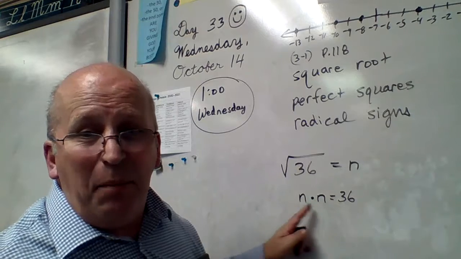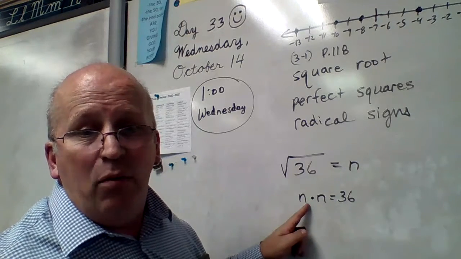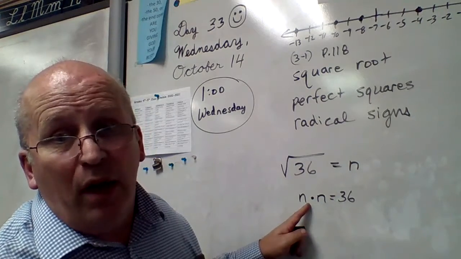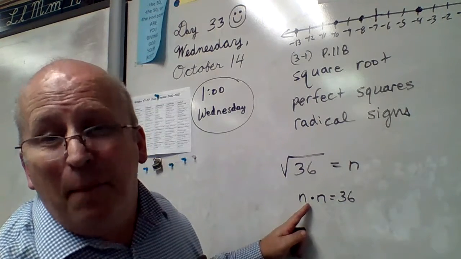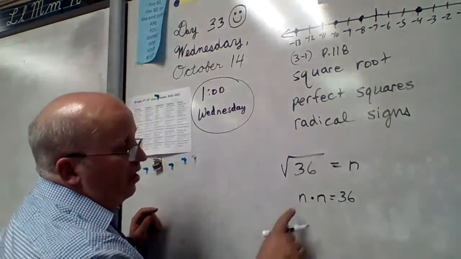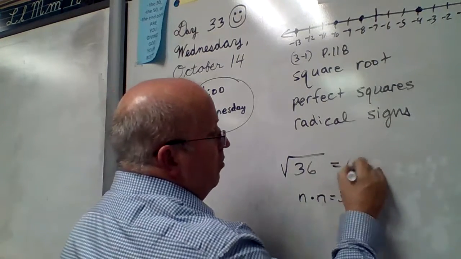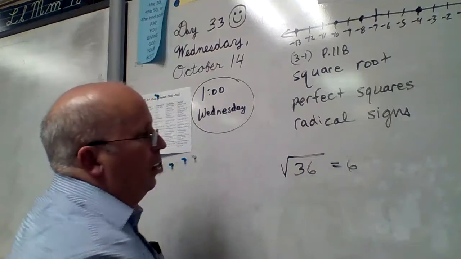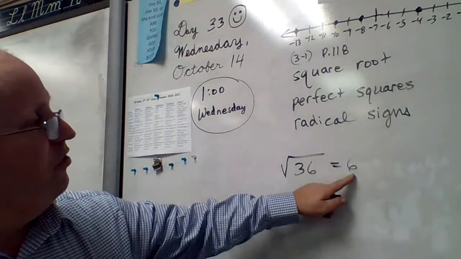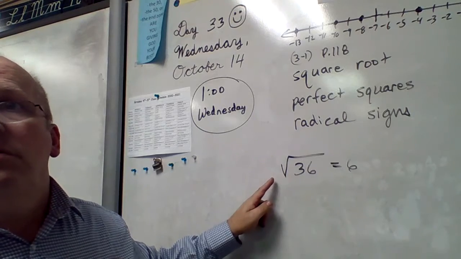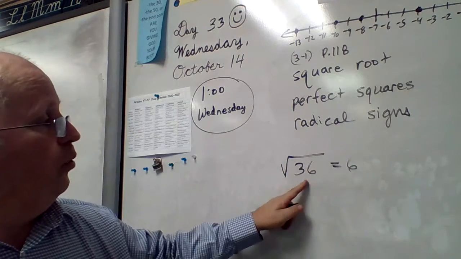And it's got to be the same number. It can't be 4 and 9. We know that 4 times 9 equals 36, but it can't be 4 times 9 because that's not the same number. In this case, the answer is 6 times 6 is 36. So the answer is 6. Okay? 6 is the square root of 36.